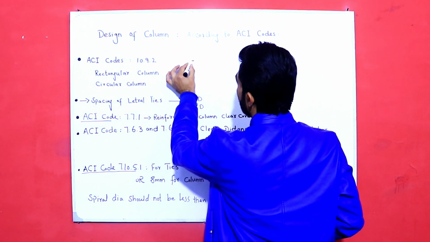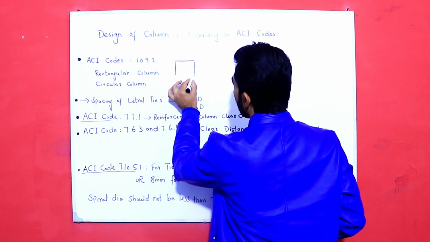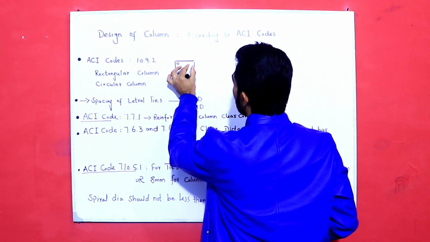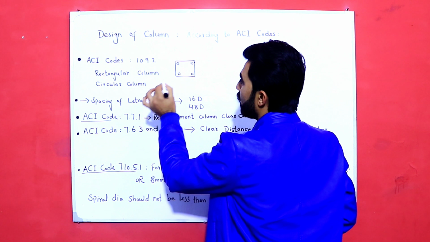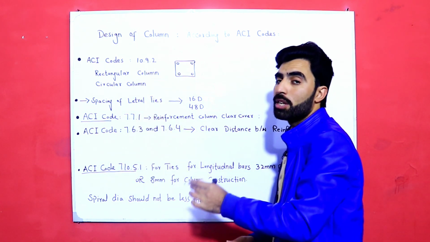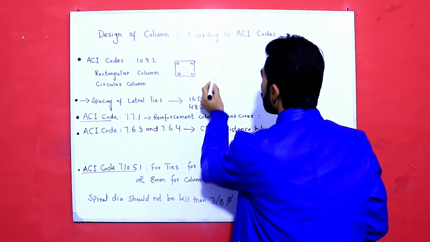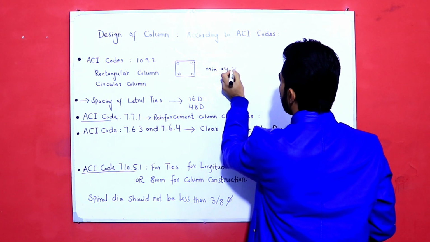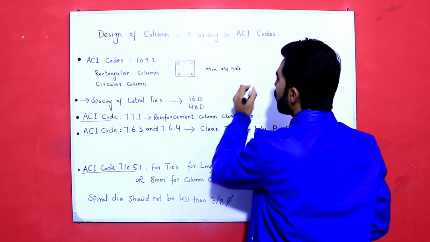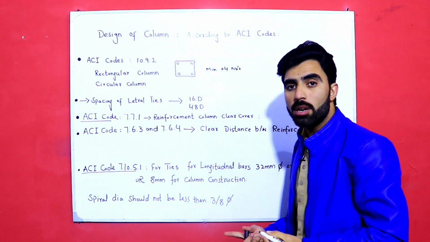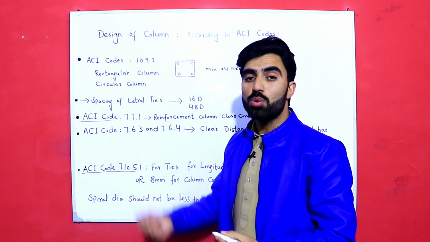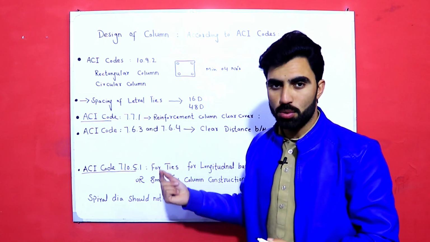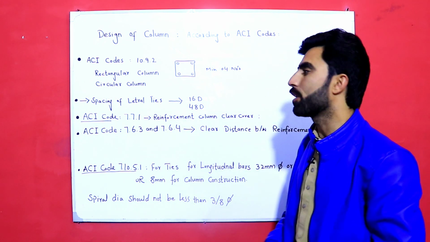Guys, remember and keep in your mind, use a minimum of 4 steel bars for a rectangular or square column, from the reference of ACI 10.9.2. You should not use less than 4 longitudinal bars in a square or rectangular column.